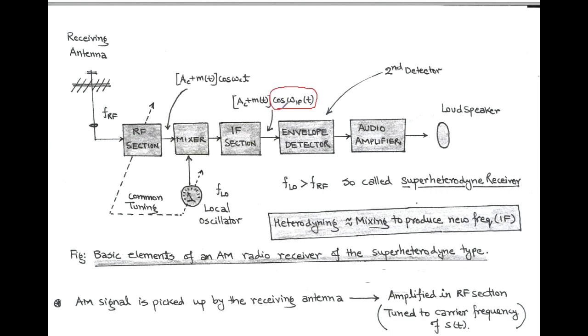This output of the IF section with omega suffix IF is applied to the demodulator, that is called a coherent or synchronous detector, that is used for the recovery of the desired signal called the modulating signal.